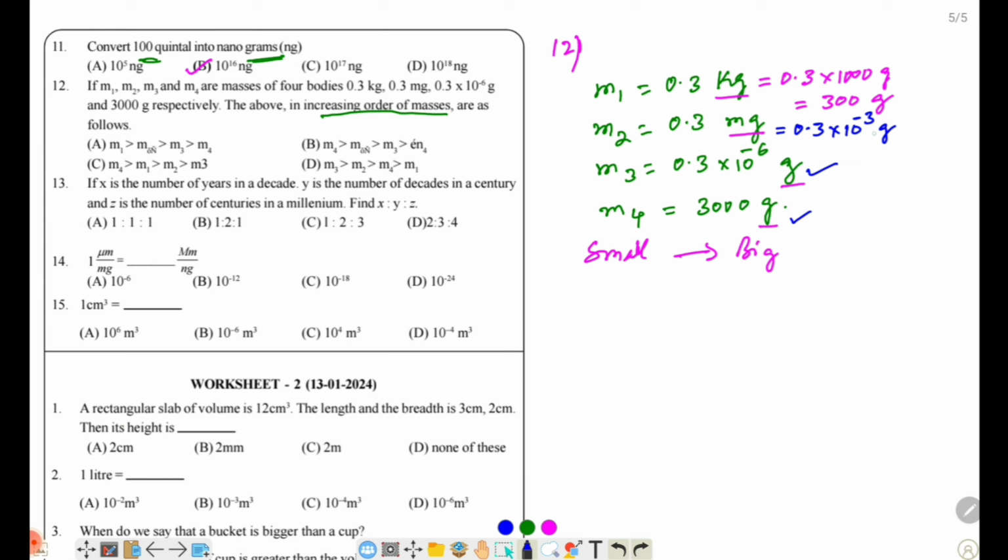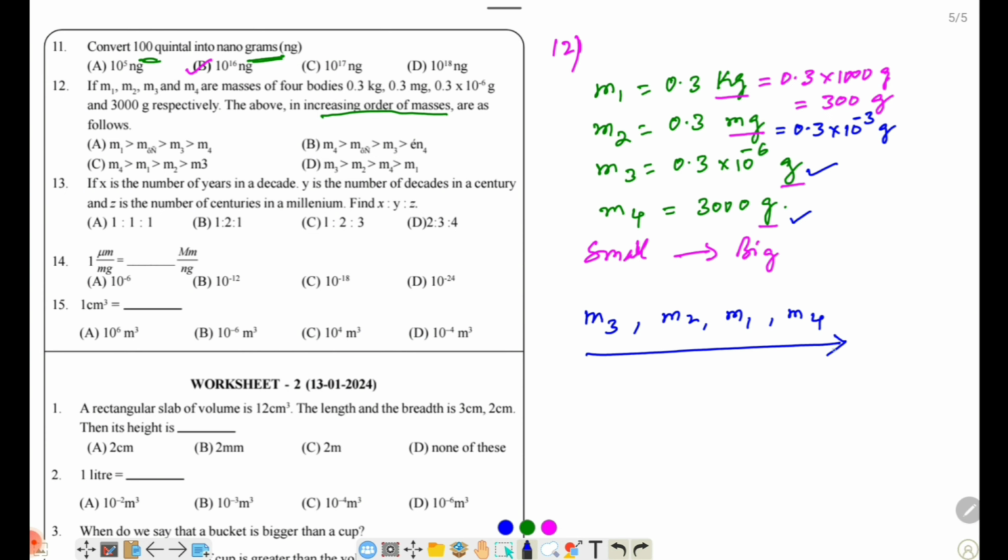So which is a smaller one? 0.3 into 10 power minus 6 is smaller one. So first M3. Next step, obviously M2 and M1 and M4. See that M1 is 300, M4 is 3000. So M1 and finally M4. This is from small to big.